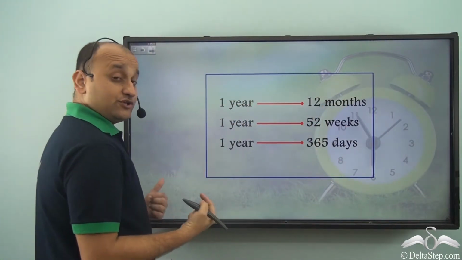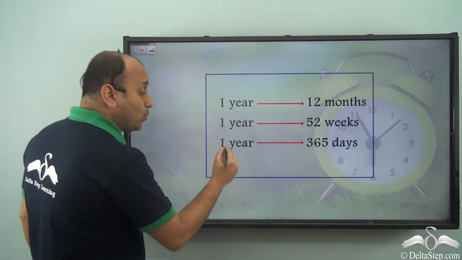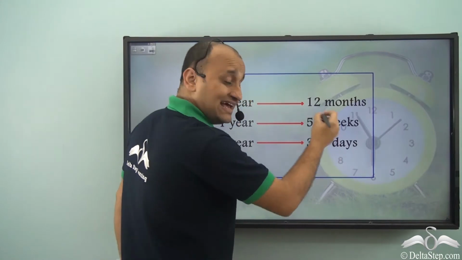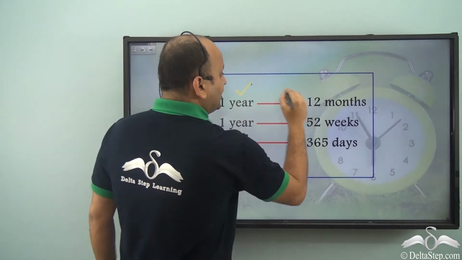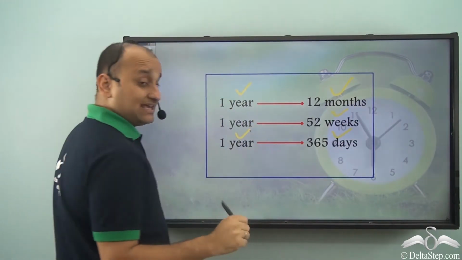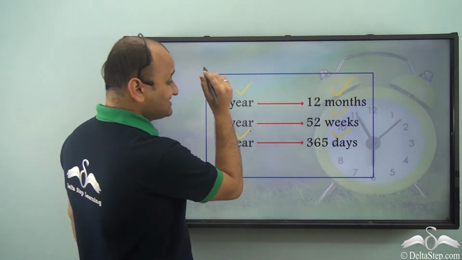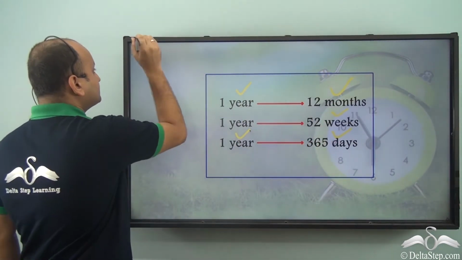Similarly, if you talk about days, how many days make up 1 year? Well, 1 year has 365 days. So these are the different units of time which you can easily see in a calendar, that is year, months, weeks, and days.